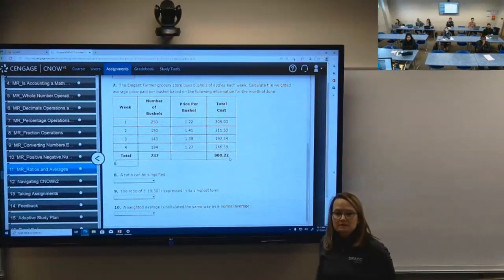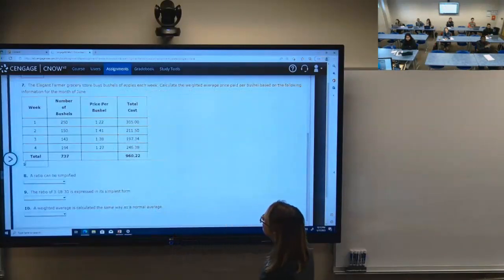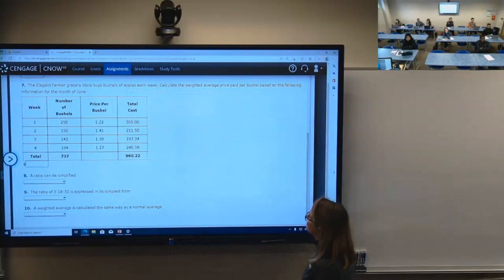So the Elegant Farmer grocery store buys bushels of apples each week. Calculate the weighted average price paid per bushel based on the following information for the month of June.